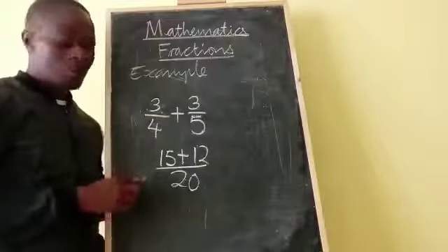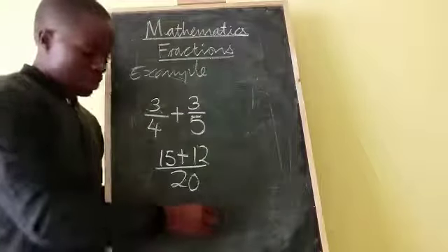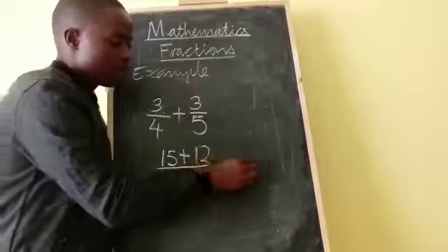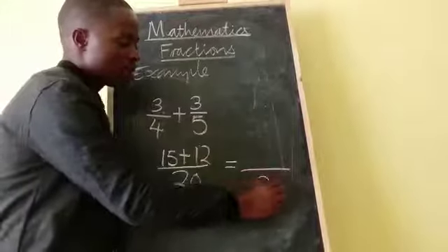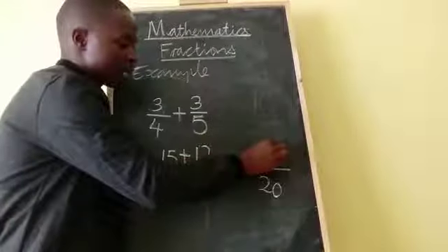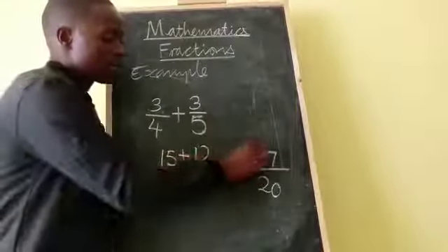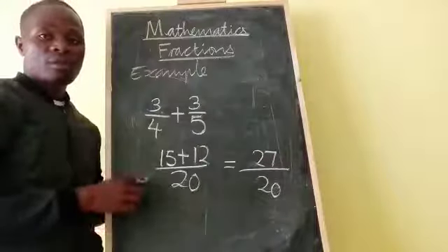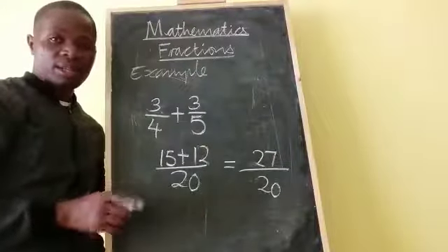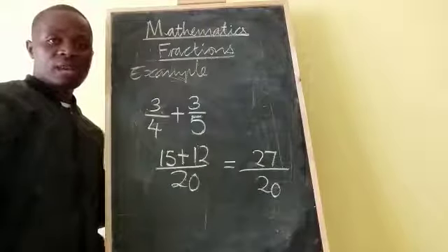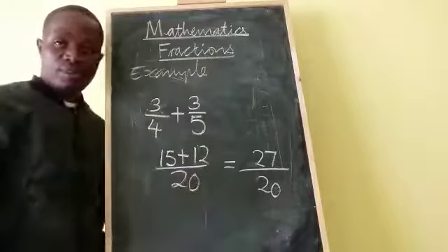Having this now, we draw another line. Maybe we can do it from the other side here, which will be 20 here. Then on top we add 2 plus 5, that is 7. 1 plus 1, that's 2. So that is 27, 12 plus 15 giving us 27. Since 27 is bigger than 20, we cannot leave our fraction as an improper fraction.